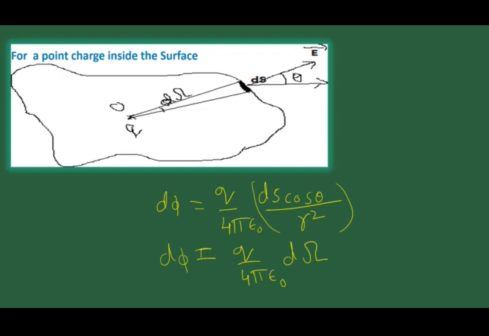Small flux d phi is equal to q by 4 pi epsilon naught into small d omega.